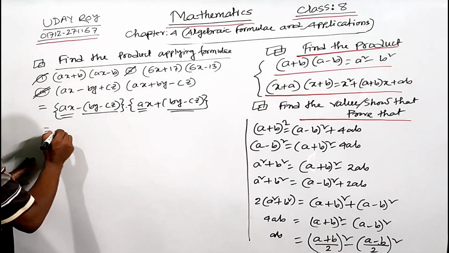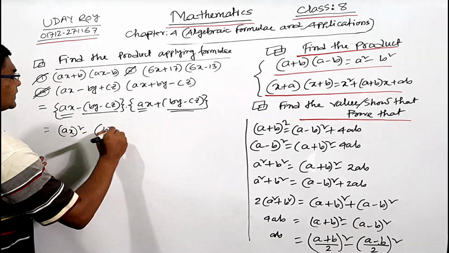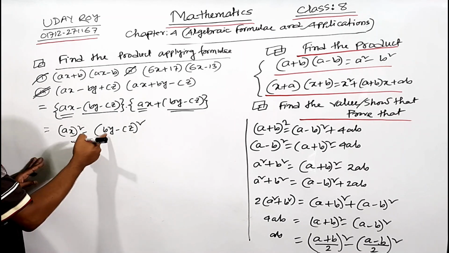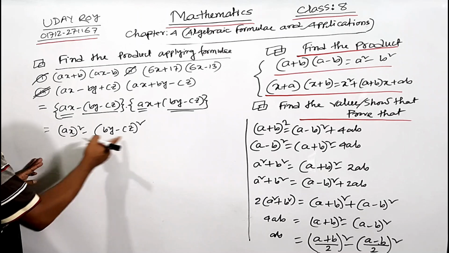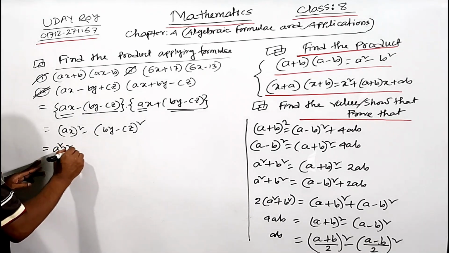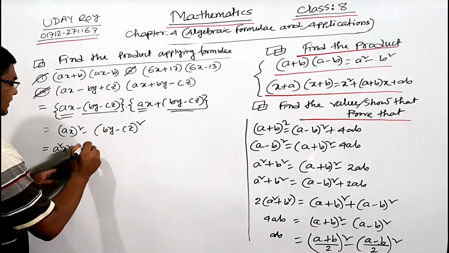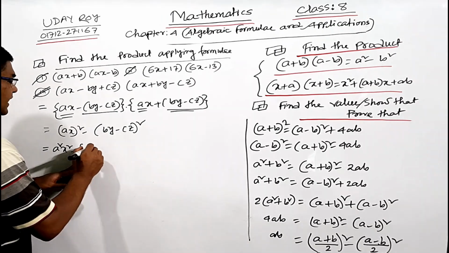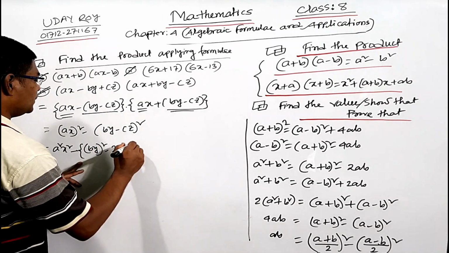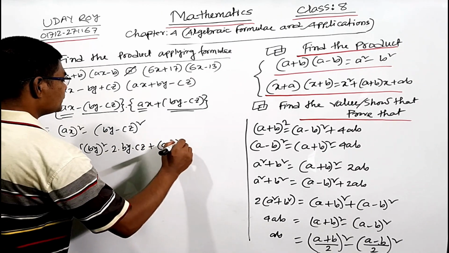So we can write a square minus by minus cz whole square, a square minus b square. So we have got a square x square. Here is again a minus b whole square. Take the second bracket, we have a square minus 2ab plus b square.